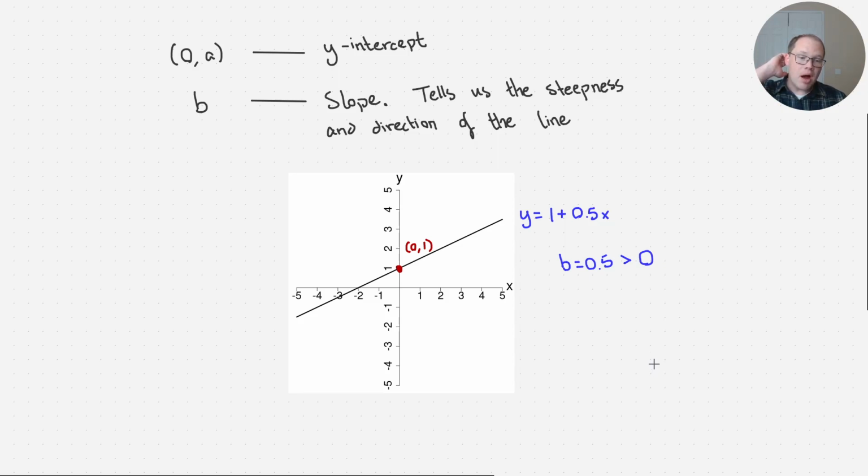When you have a positive slope, the direction of your line is uphill. If you look left to right, that line's going uphill. In other words, as your x's get bigger, your y's also get bigger. And how big the number is tells you how steep that line is. In this case, 0.5 isn't a very big number. It's smaller than 1, so not very steep.